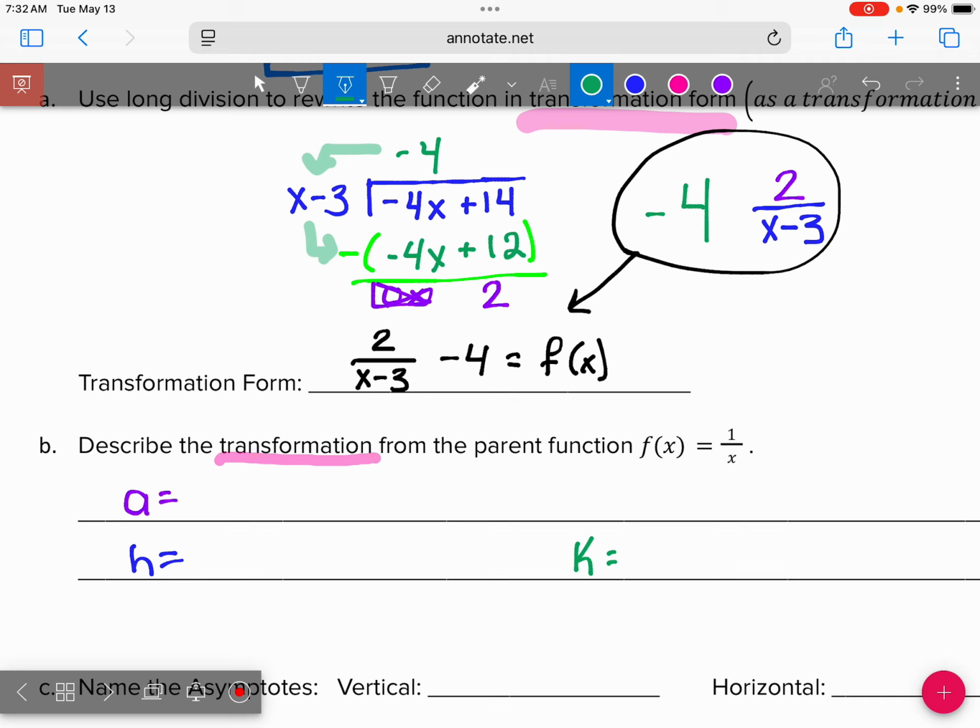Say it again. Negative 4 is which one? K. Which means, what direction is that moving us? Down 4. So we've got K. What else we got? A is 2. What does an A of 2 do for us?